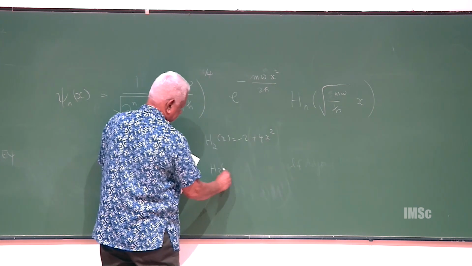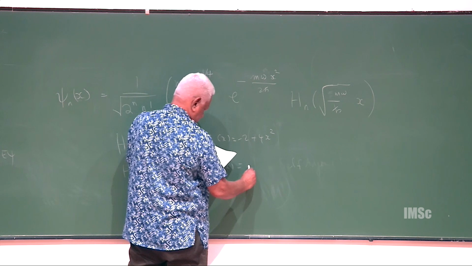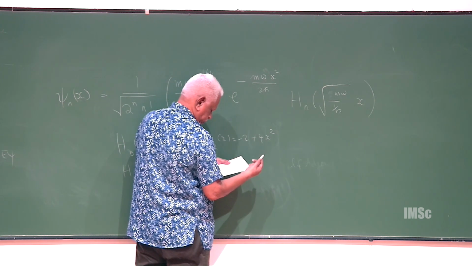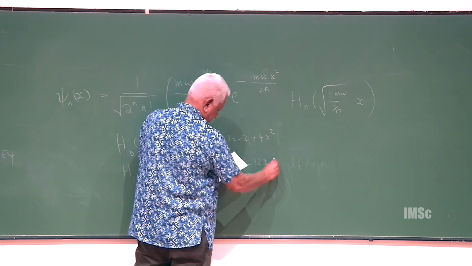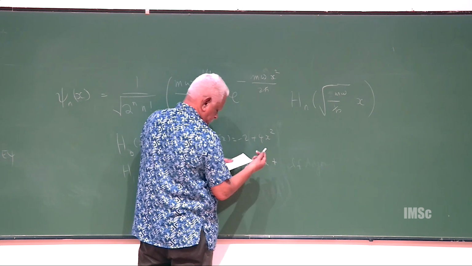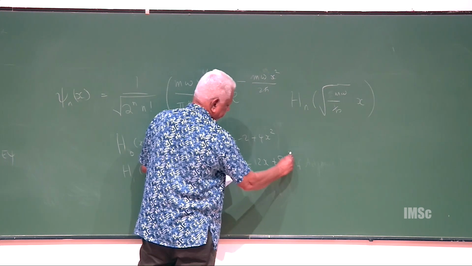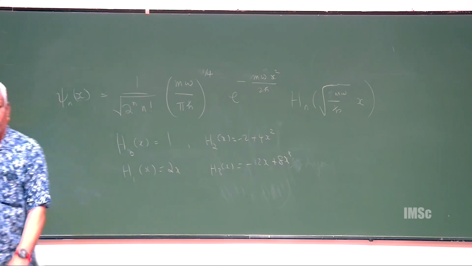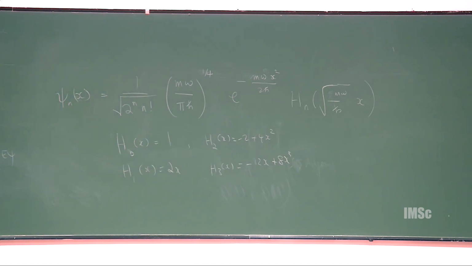H3 of x, I suppose, is minus 12x plus 8x³. I have given the first 4 values, 0, 1, 2, 3, but the number will go on up to infinity. n can go from 0 to infinity. That is the way of the harmonic oscillator. So this is what this thing is.